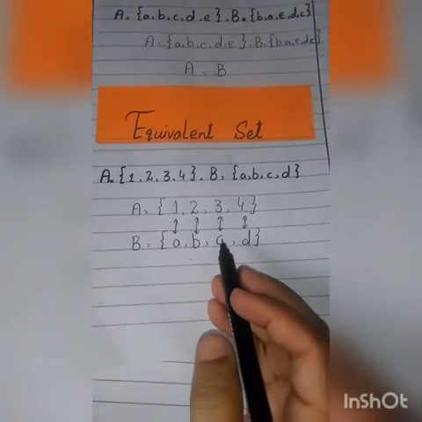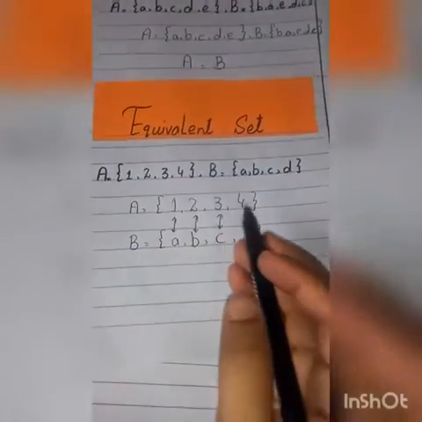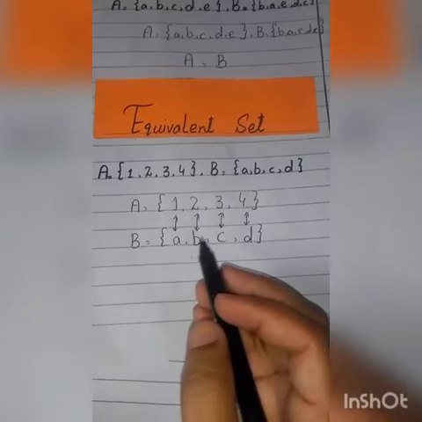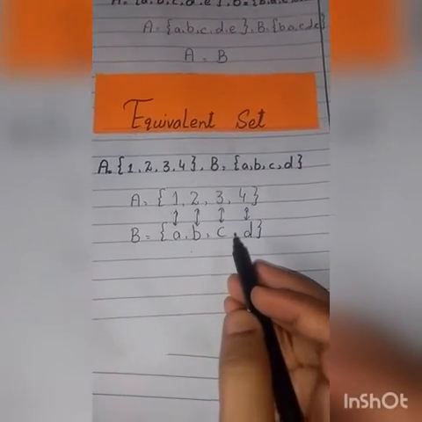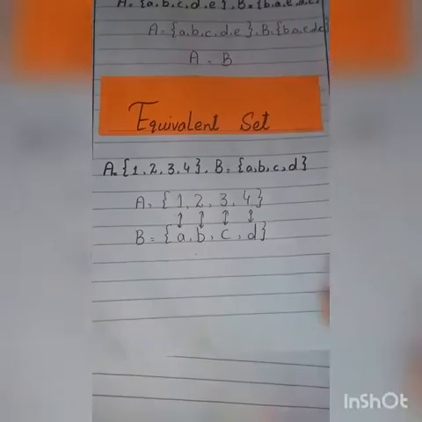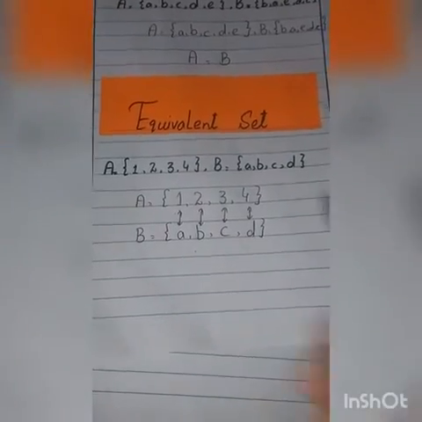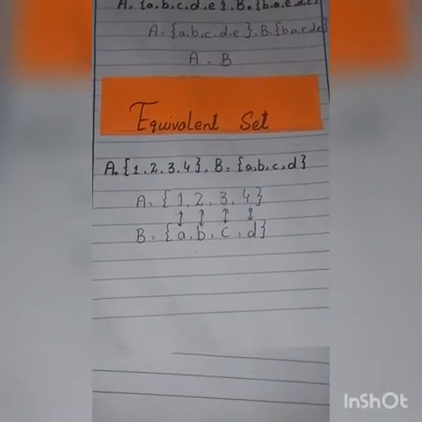So students, we can say that the elements of set A establish a relation with set B. So this is an equivalent set because they have the same number of elements.